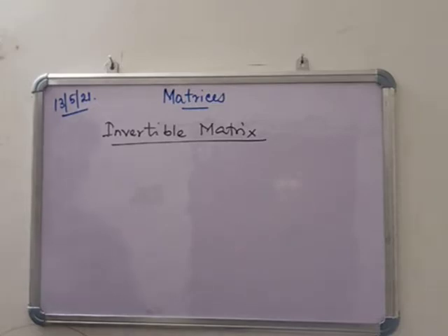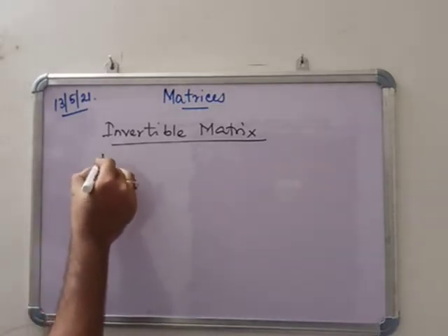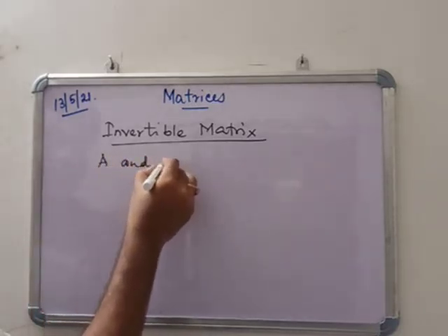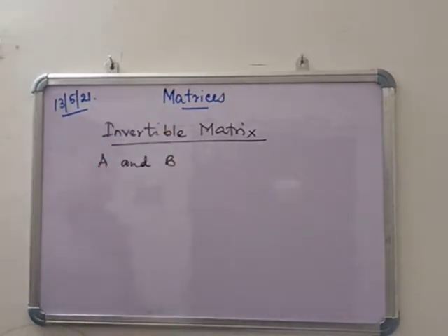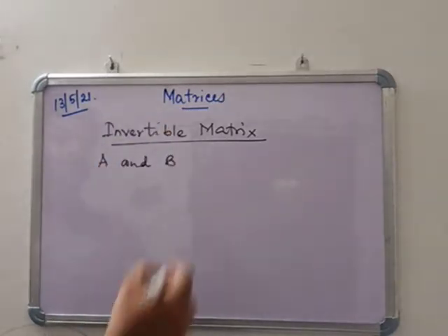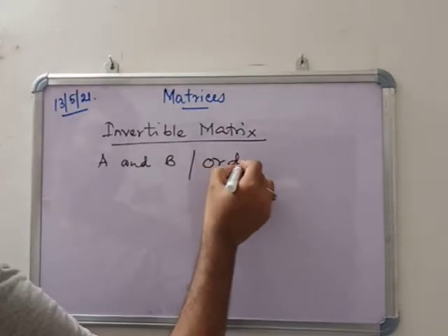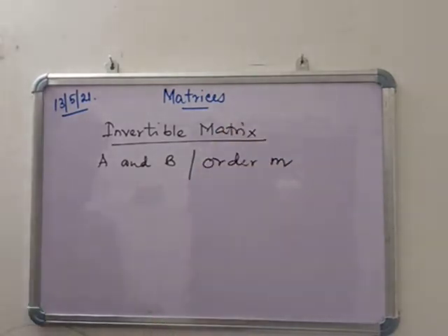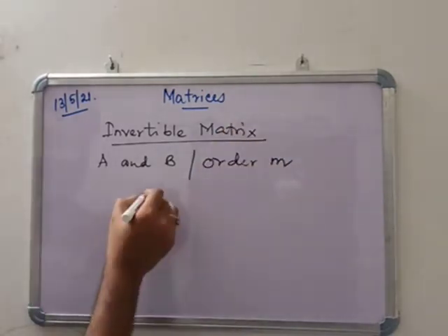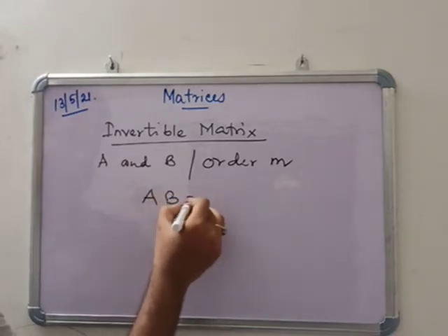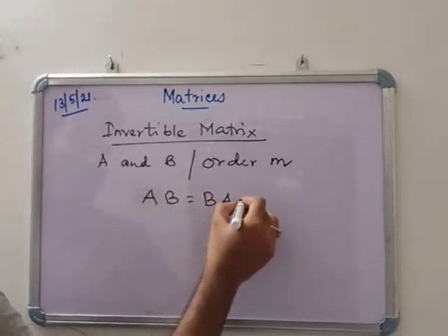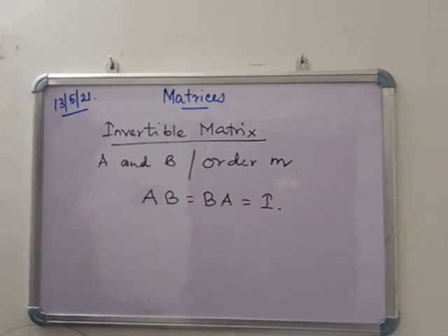If A and B are square matrices of order m, then we can say that AB equals BA equals the identity matrix.